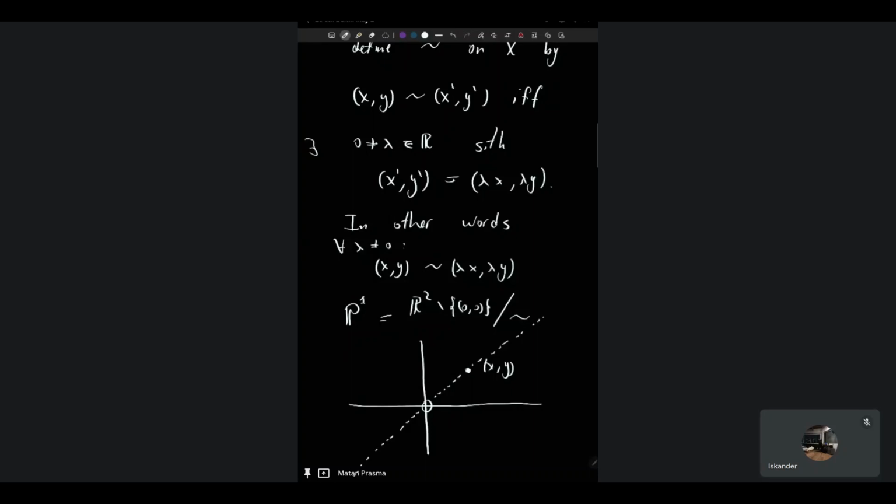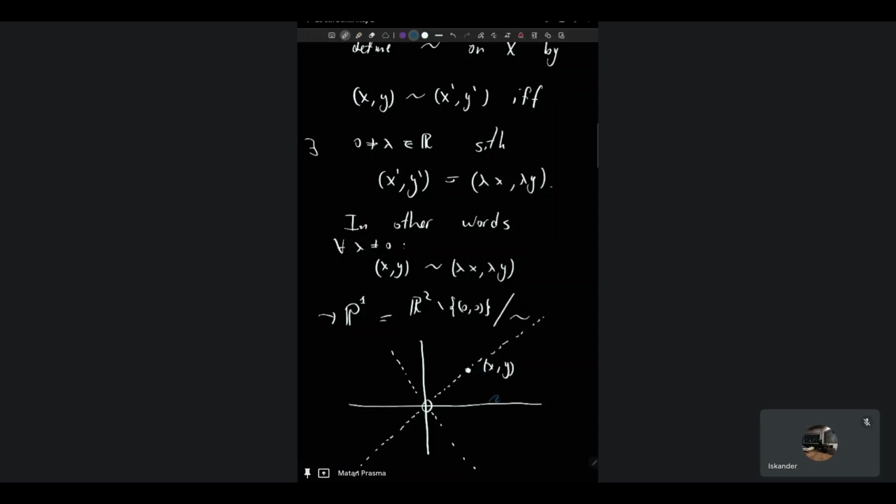So an equivalence class in this relation can be described simply as a line passing through the origin. And I have many lines passing through the origin, right? Each of these lines would be a different equivalence class. So the quotient set is the set of all lines passing through the origin.